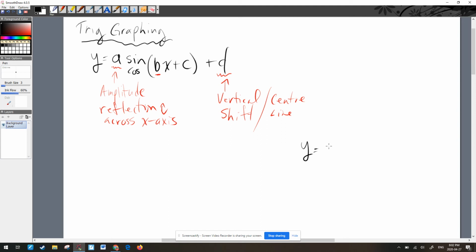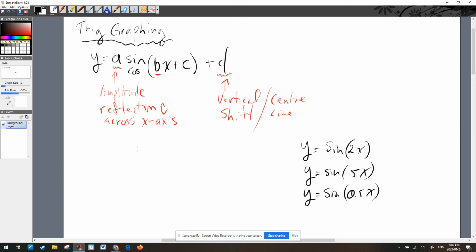So y equals the sine of 2x, and we're going to need to put that in brackets, or the sine of 5x. How about y equals the sine of 0.5x? Now, I'd really like you to actually check those out on Desmos and come on back, and you're going to have a pretty good idea.